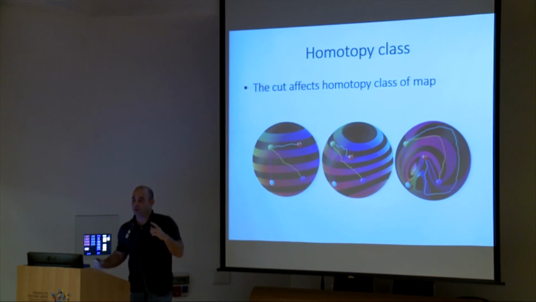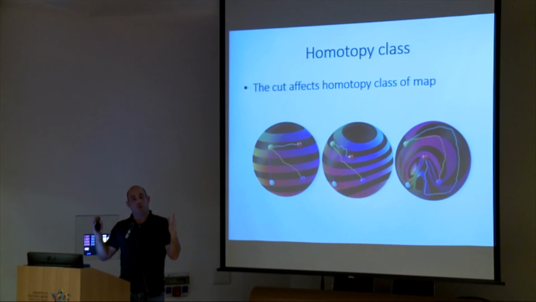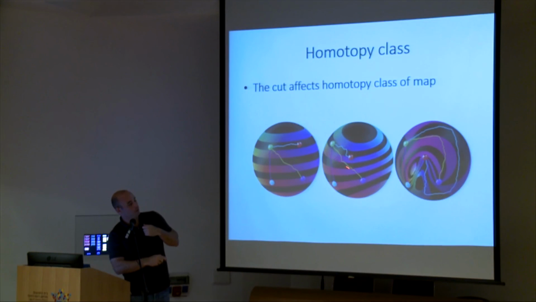I'll make a small comment. I always mention that the change of cuts, homotopic change of cuts, does not change the map. So what do they change? What I want to claim is that the choice of cut up to homotopic relation decides the homotopic class of the map. So you can change the cuts continuously without crossing each other, but you can do something which is not homotopic, like taking one cut and moving it the other way, so that there's no continuous way you can take this yellow cut to this yellow cut.